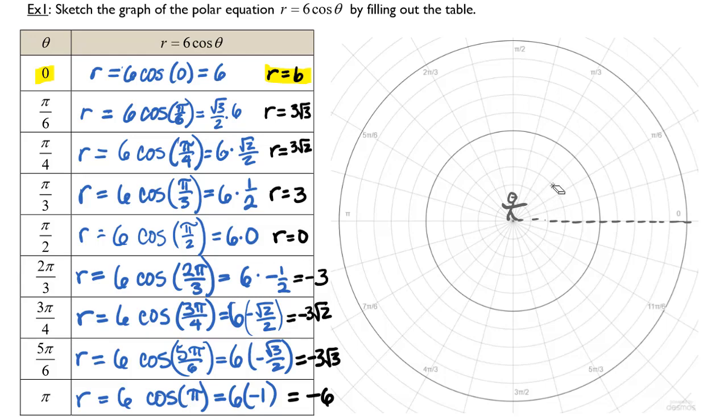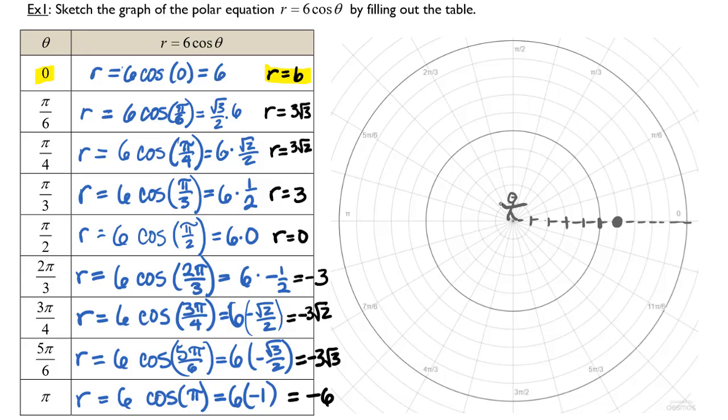Then I'm going to rotate through an angle, which is 0 at this point, and walk out along my angle 6 units. 1, 2, 3, 4, 5, 6. This is where my first point is. That is the point 6, 0.